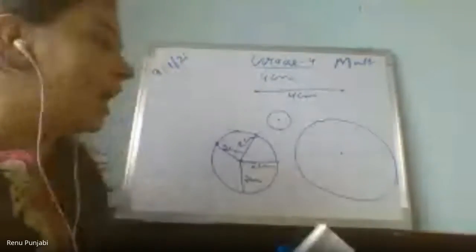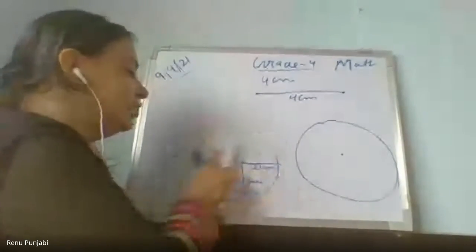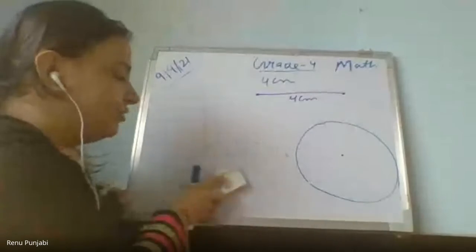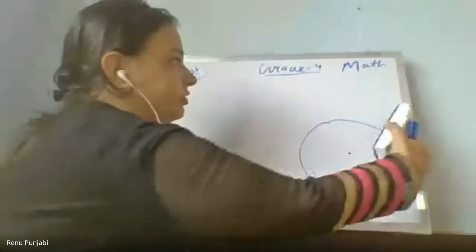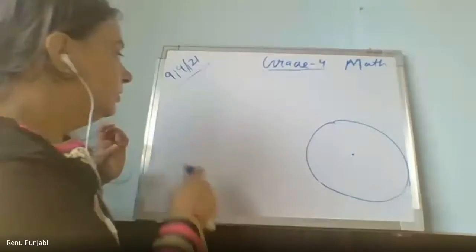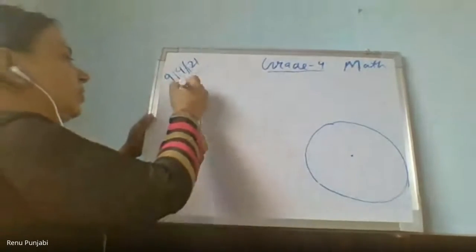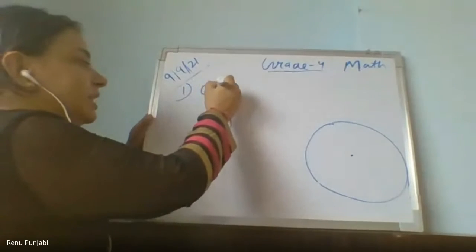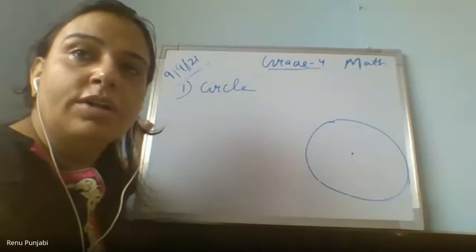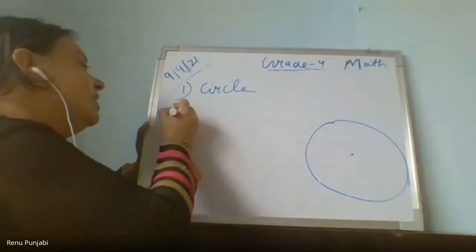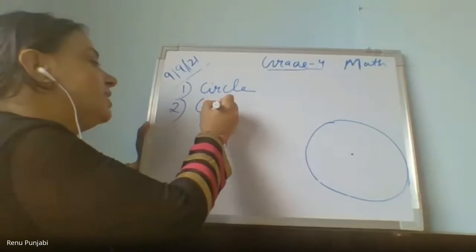Now we will learn some parts of the circle, and then I will tell you what you are observing in these different sizes of circles. First, what have we learned? A circle is a closed figure which has no corners, no edges. Then we learned about the center of the circle.